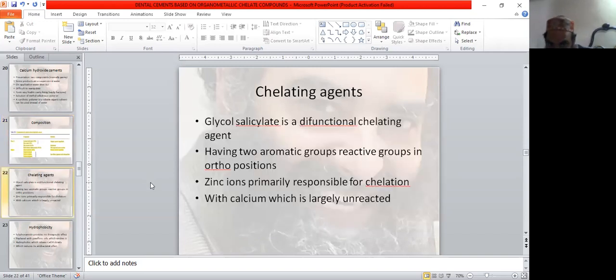Now, chelating agents. Glycol salicylate is a difunctional chelating agent having two aromatic groups, reactive groups in ortho positions. Zinc ions are primarily responsible for chelation, with calcium, which is largely unreacted.